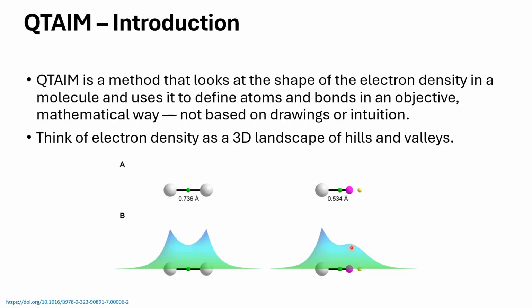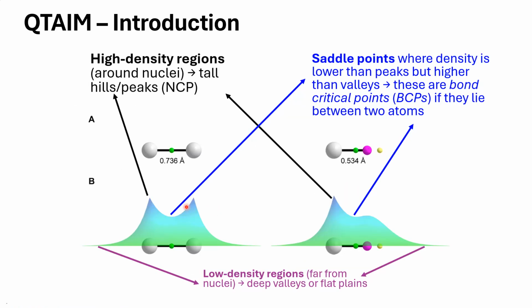If you look at the hills and valleys, you see these hills as the high density regions. These are the highest points, and they have high density. It means that electron density around the nuclei is highest. So these are the tallest. So you get different kinds of points.